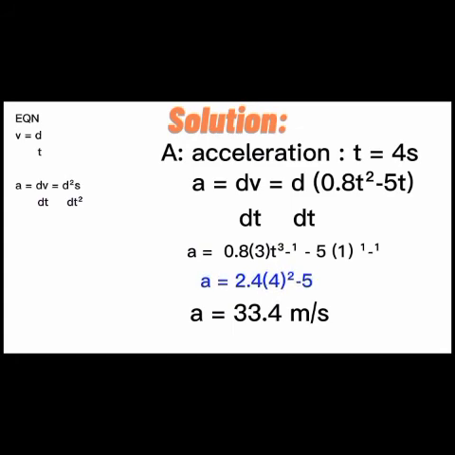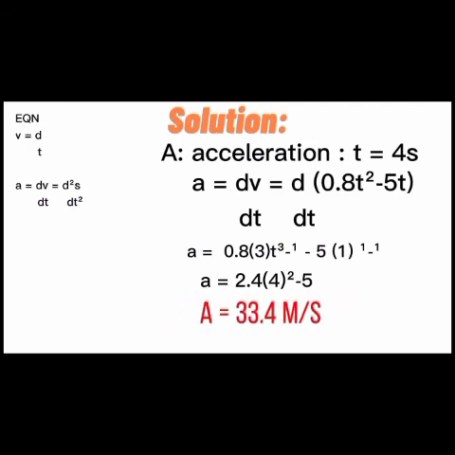So let's substitute the value of t, which is 4. So 2.4 multiplied by 4 raised to 2 minus 5 is equal to 33.4 meter per second squared for our acceleration.